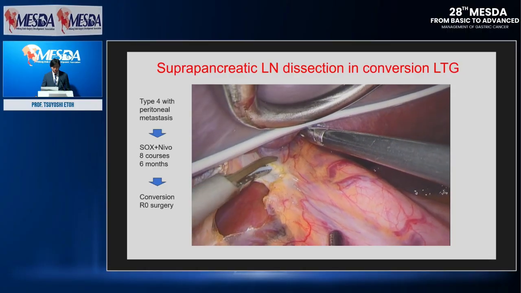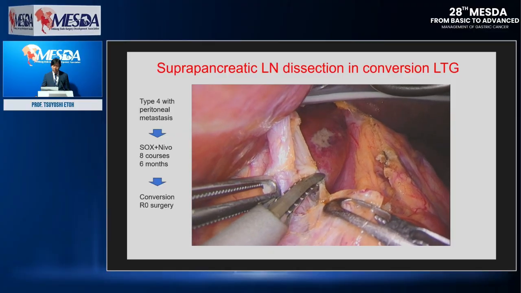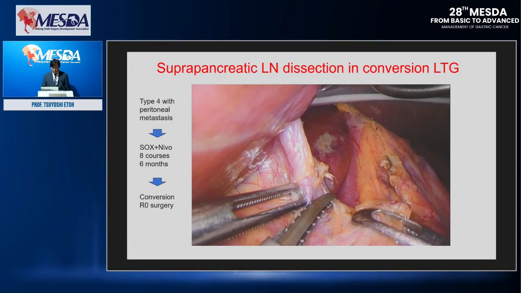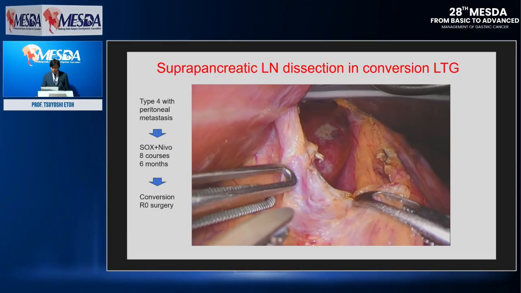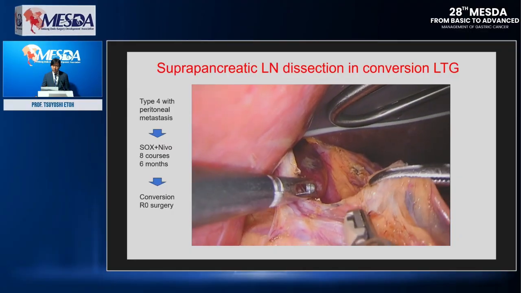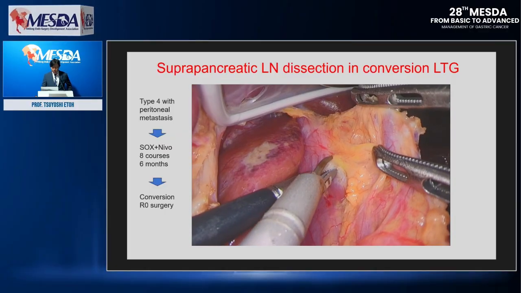After 8 courses, there was no evidence of metastasis, and we decided on surgery. During the surgery, fortunately, there was no peritoneal metastasis or ascites, so we continued the procedure.